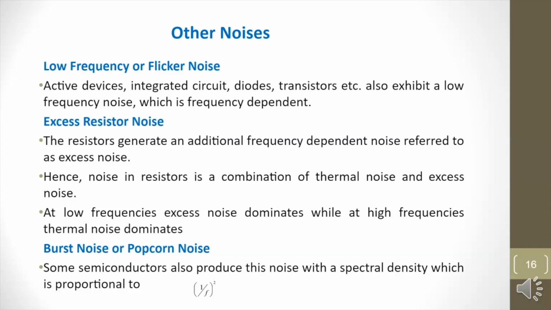The next category is burst noise or popcorn noise. It is produced in some semiconductors. They produce this noise with a spectral density which is proportional to 1/f squared, that is, inversely proportional to the square of the frequency.